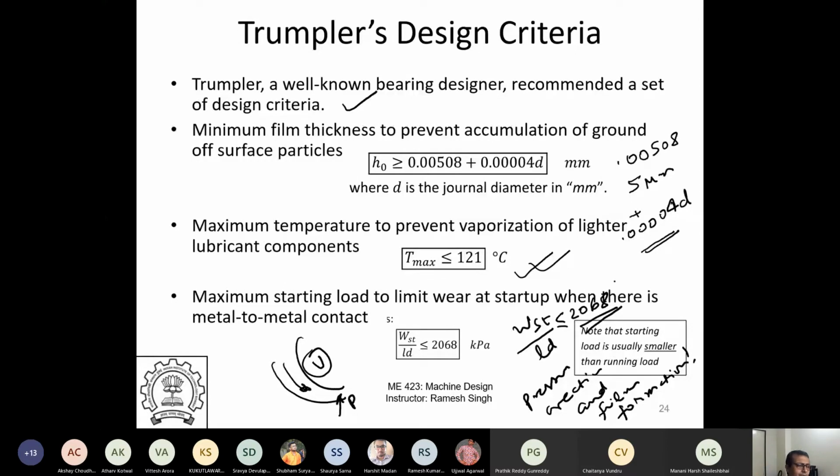They'll start with a very partial load so that the pressure is created. Once the pressure is created, then it will start to support full load. So you have to ramp it up gently and make sure that the load doesn't come at one go. Otherwise, the film will not form and there will be this rubbing action and a lot of wear, right? Heating, wear, a lot of undesirable things may happen.